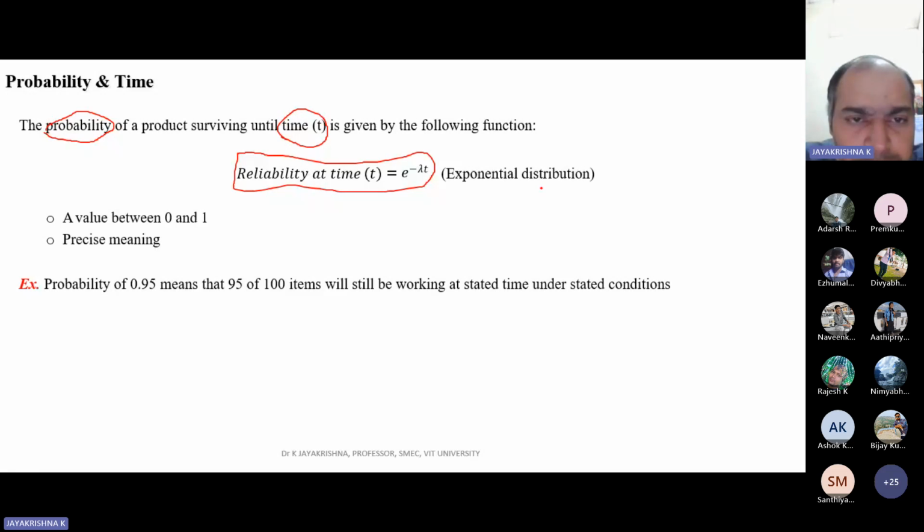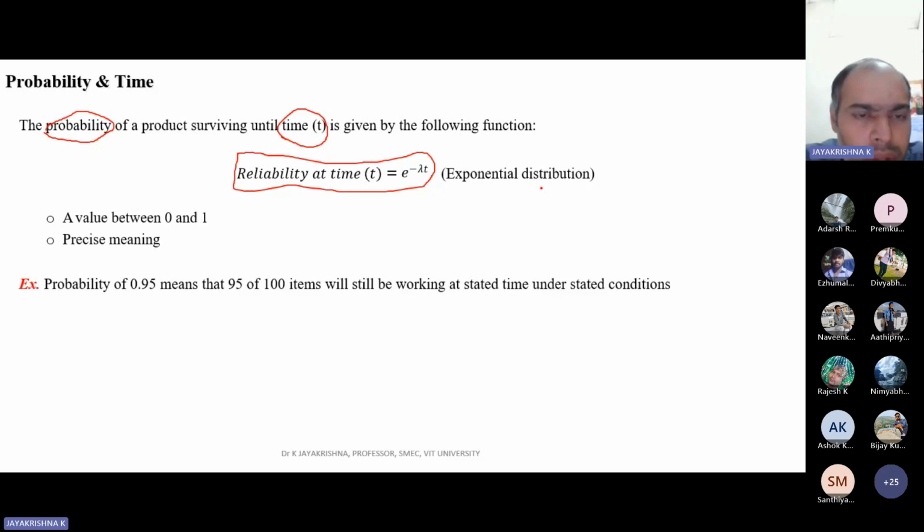So the reliability of a product at a given time t is equal to e power minus lambda t. Here lambda means the failure rate, and t is the time. Have we noted it down?